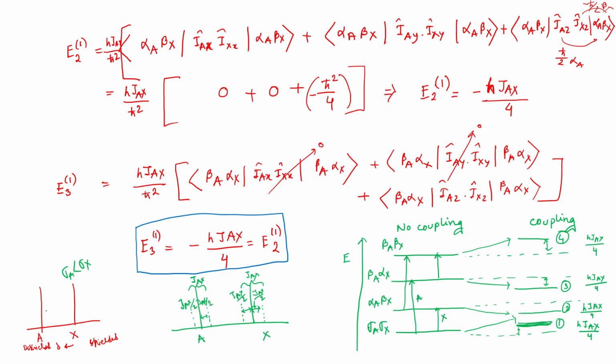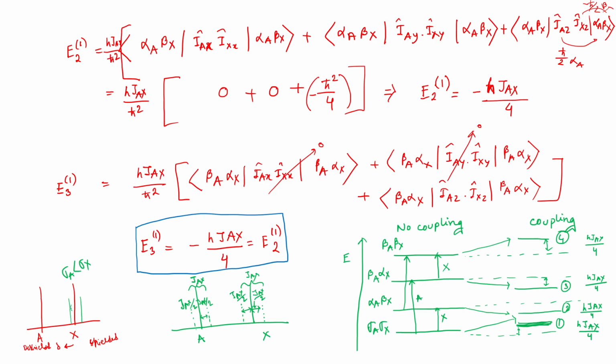So for X, you are now going to see two different transitions, and for X, suppose 1 to 2 was for X, and 3 to 4 was for X. Now you will see that for 1 to 2, the energy has decreased by 8jx by 4, and for 3 to 4, the energy has increased by 8jx by 4, which you can see in this spectra as two lines equivalently spaced from the earlier line you expected if there was no coupling.